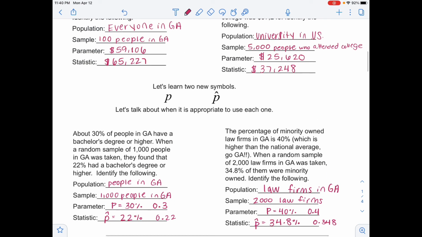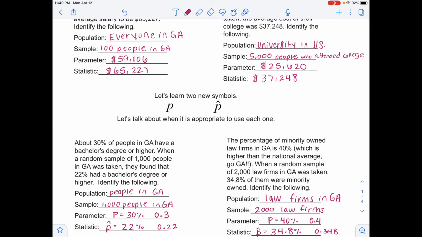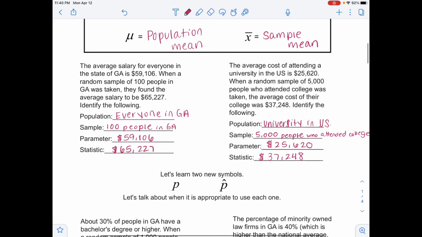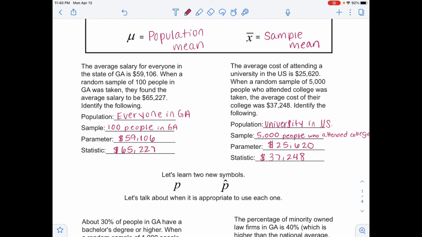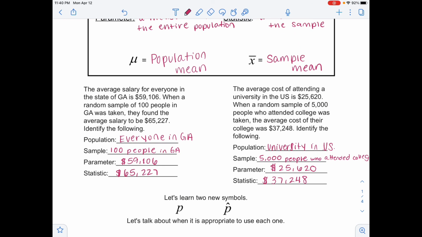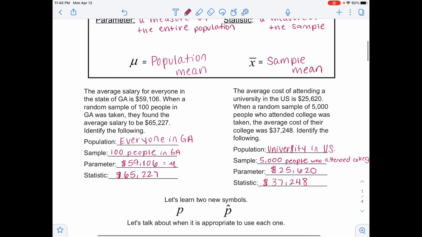Now, remember above we had talked about parameter and statistics, but before we were looking at the average cost or the average salary. And so we were really using the means, the population mean and sample mean. So you could even go back here, and we didn't necessarily label them before, but you might want to label them now. The parameter was our population mean.